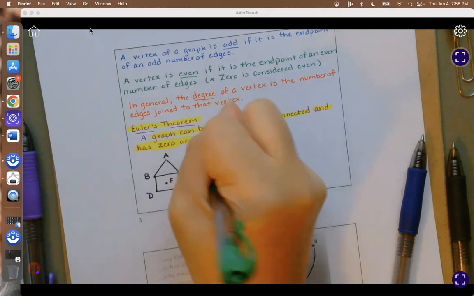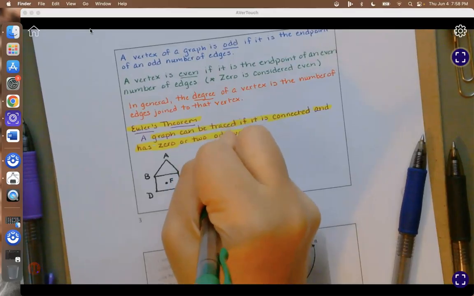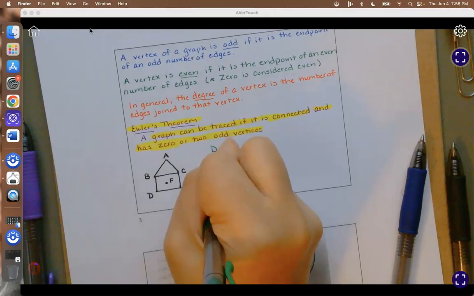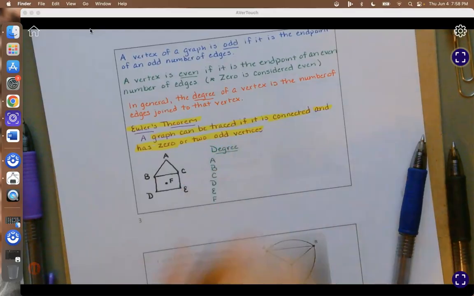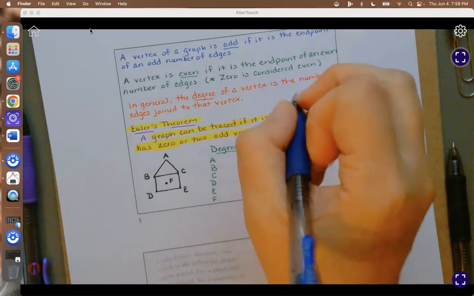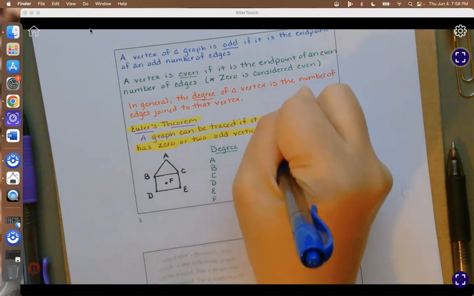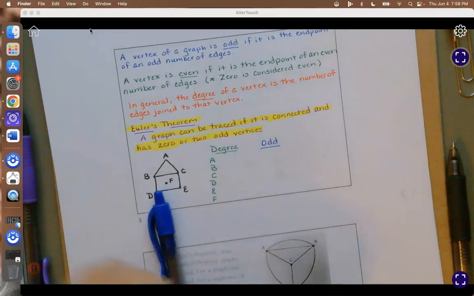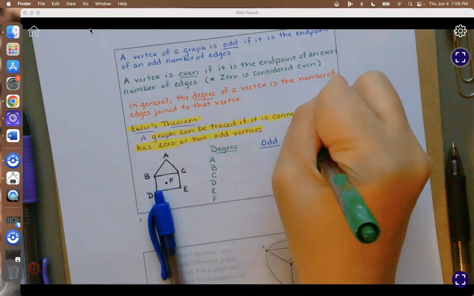D has 1, 2, so that makes that even. E has 1, 2, so that makes that even. F has none, and remember that 0 is considered even. I told you, if you can count, you can do this.